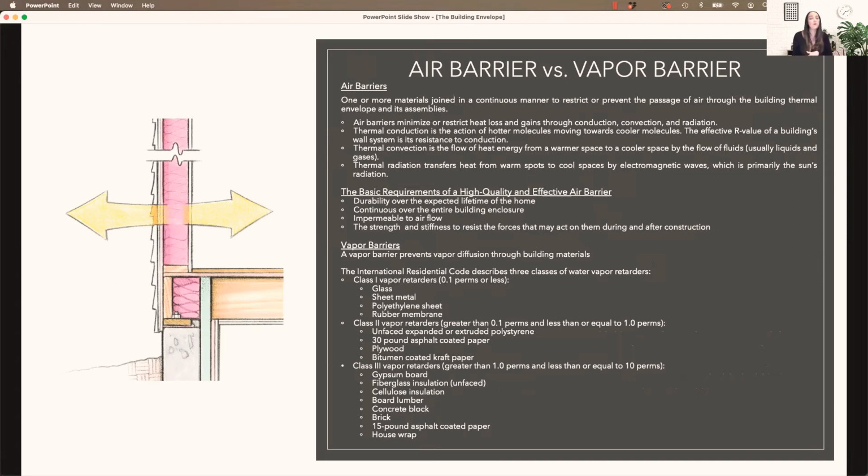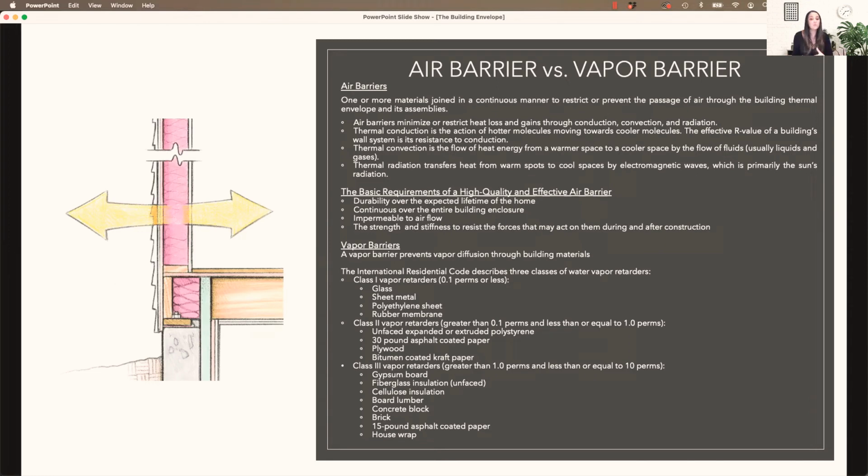So the important part of keeping buildings healthy and safe is keeping them dry. And the best way to think about an air barrier versus a vapor barrier is, for example, if you were to wear a wool sweater, it would keep you warm as long as it was dry.